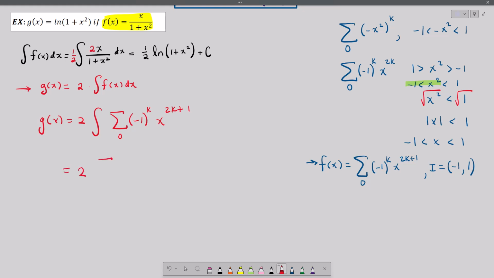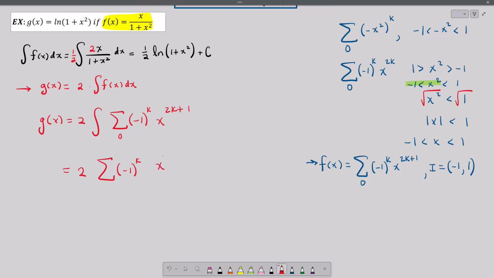So when you integrate a power series or differentiate a power series, you're just dealing with a glorified polynomial. So we do what we normally do with a polynomial. When we integrate, we add 1 to the exponent, divide by the new exponent. Negative 1 to the k, that's just a constant. Constants always just float when you differentiate or integrate.